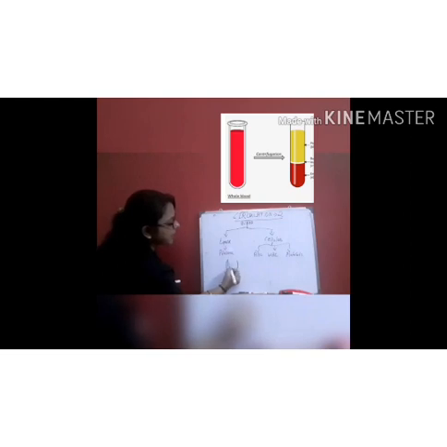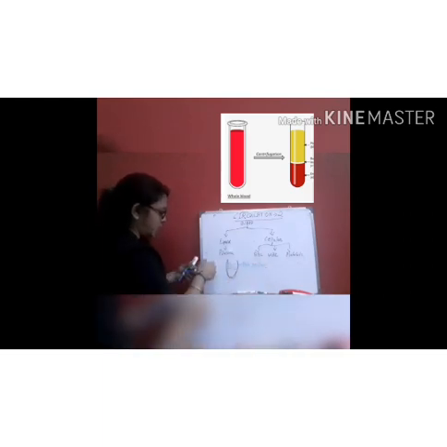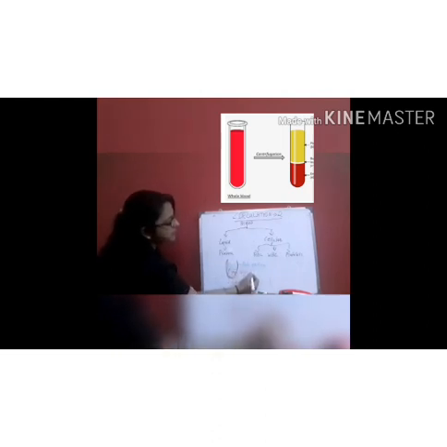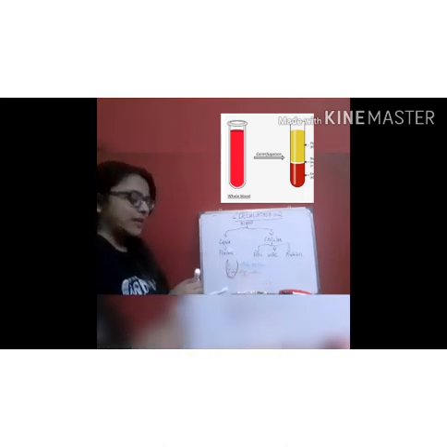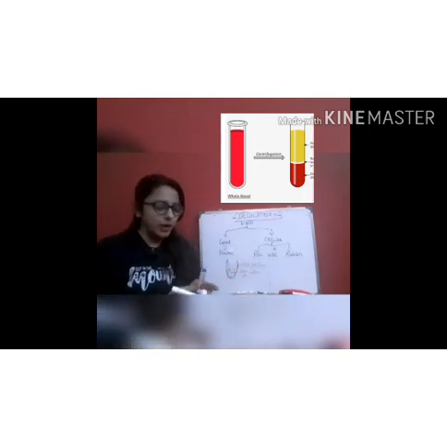It looks pale yellow colored, and the lower part is a mass of RBC, WBC and platelets. In this way you can separate blood from plasma or from its cellular part.